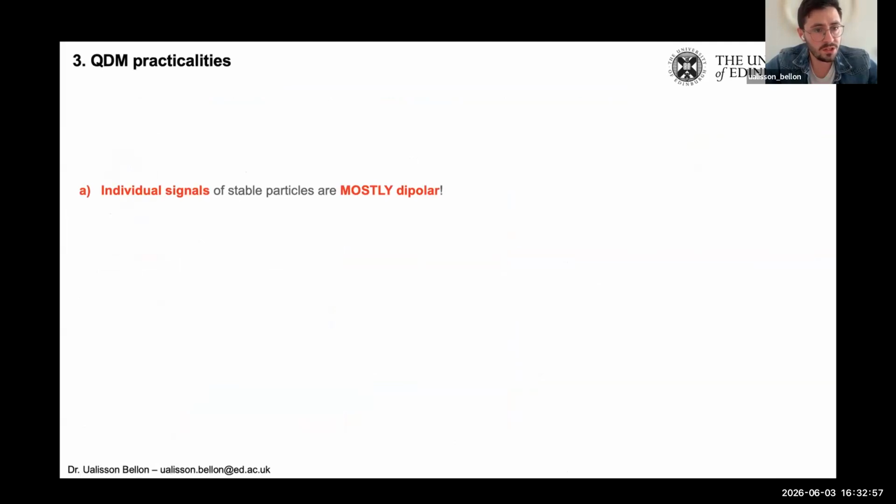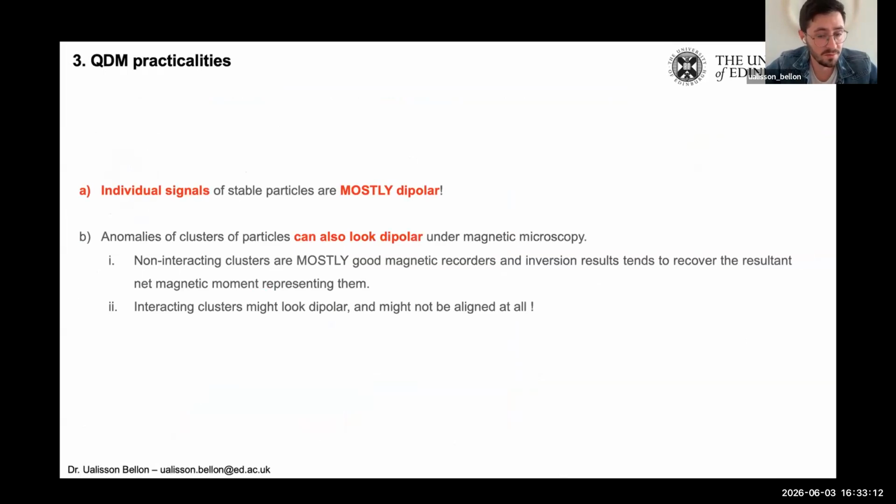So we understood from the QDM practicalities that if you have the signal coming from a stable particle that's just an individual, most of them, maybe not all of them, I'm not going to put myself at risk here, but most of them should be dipolar if they're coming from single domain, single vortex, or multi-vortex, and you're not touching your sample with your sensor.